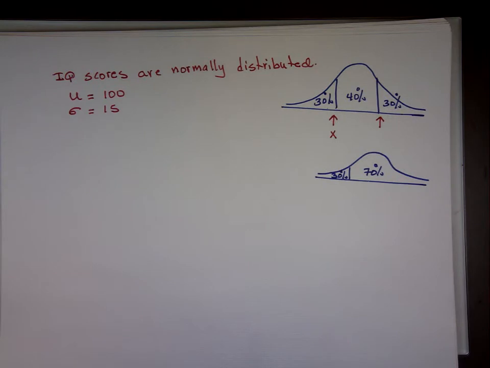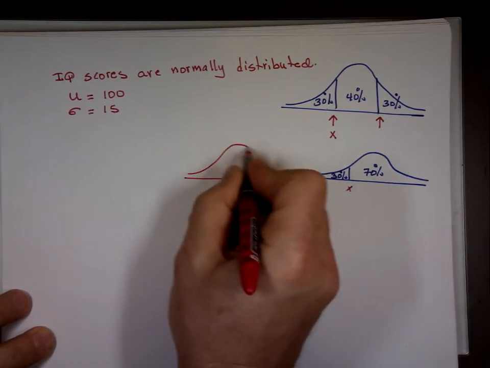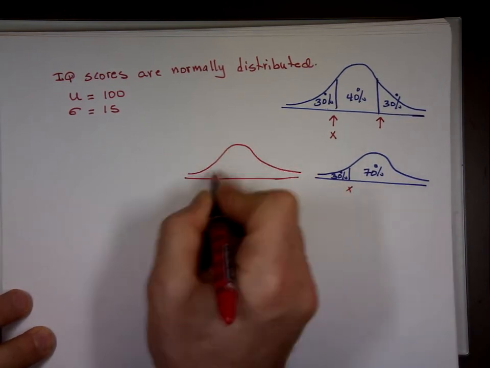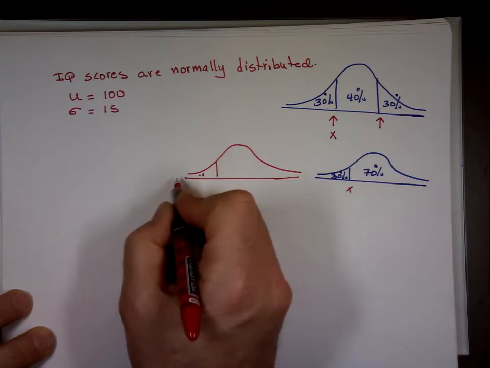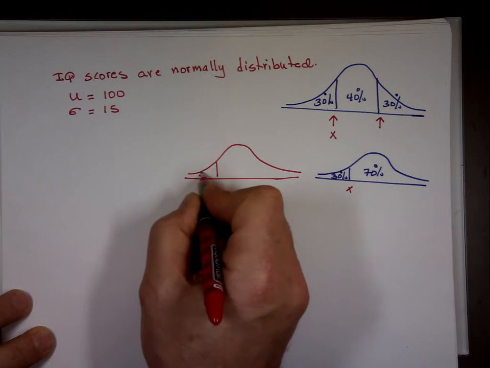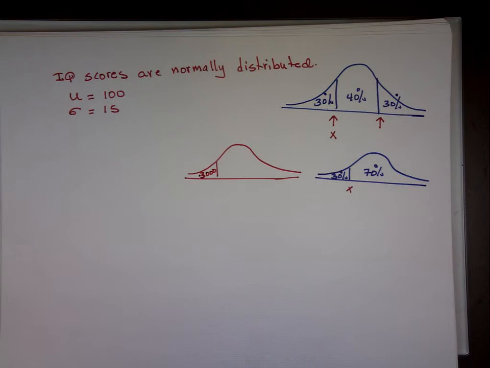So now we're going to work this problem backward. This is the X1 here. Let's change it to probability. If this is the 30%, that's 30 divided by 100, which is 0.3000.